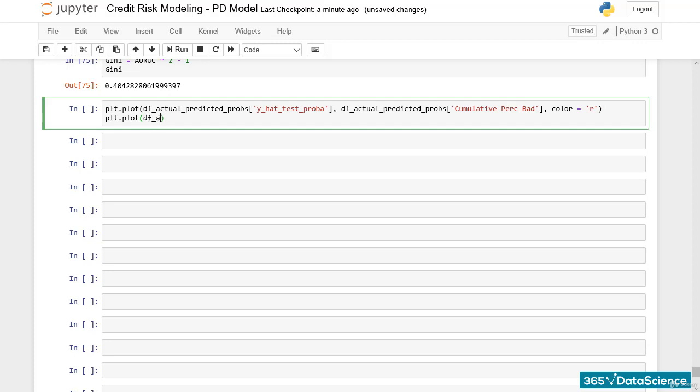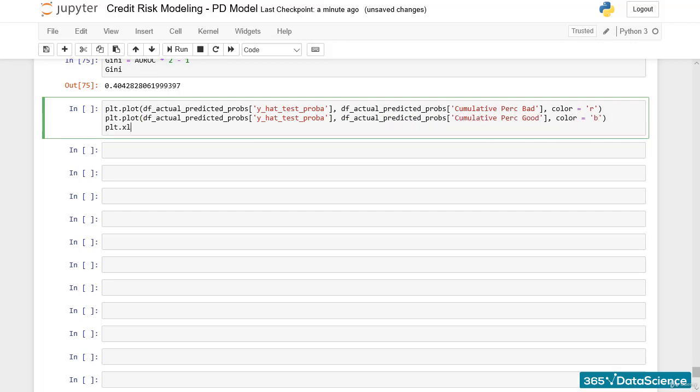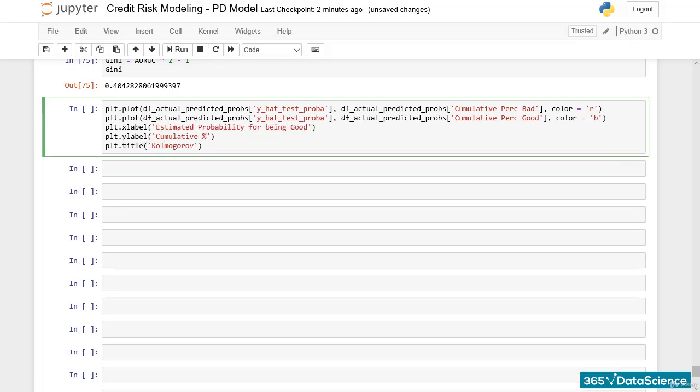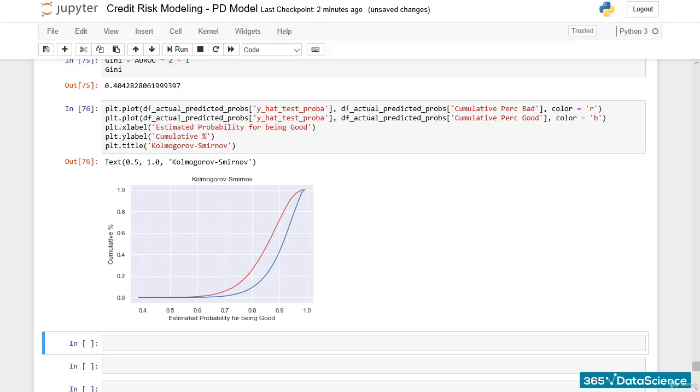Second, we plot the estimated model probability of being good on the x-axis and the cumulative percentage of good borrowers on the y-axis. Let's color this line in blue. Great! So these are the two cumulative distribution functions. The Kolmogorov-Smirnov criterion is the maximum difference between the red and the blue curve. We can get a pretty good idea where it is and how much it is in magnitude from the graph.